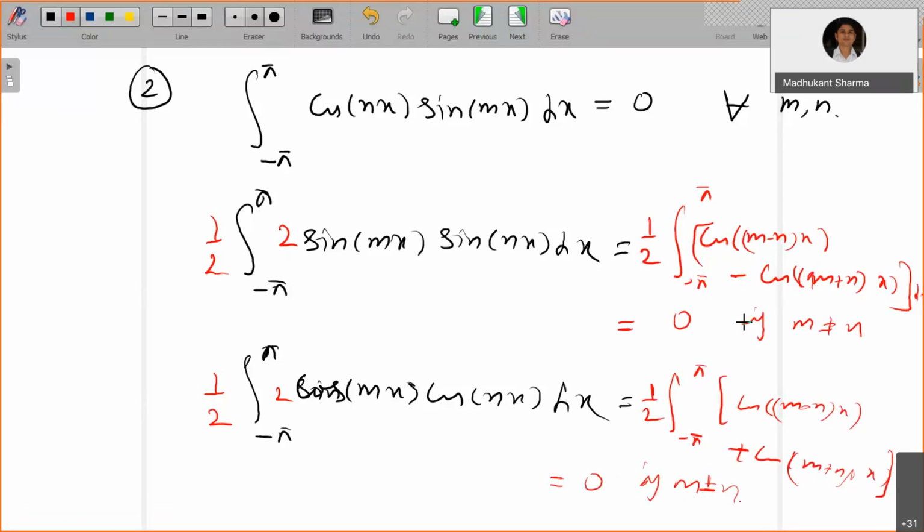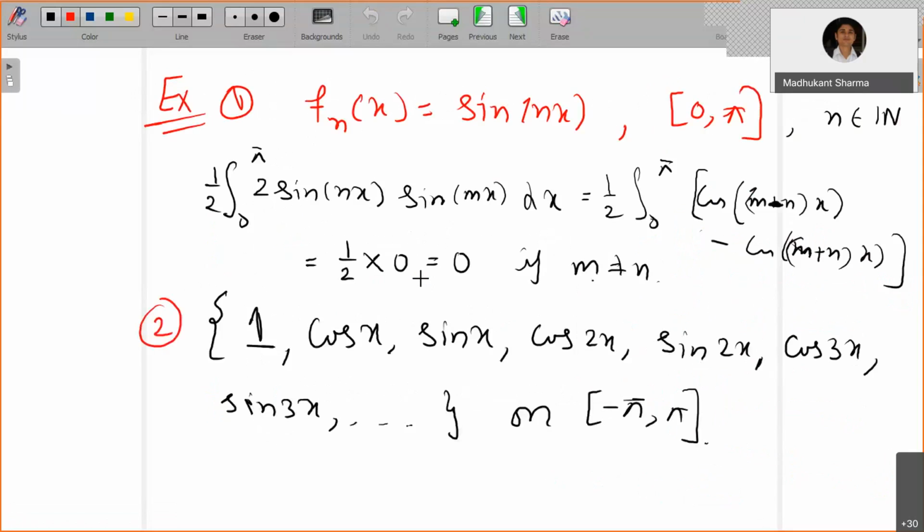For the m equals n case, you can discuss separately. Right? So this sequence will also satisfy the orthogonality condition over the interval minus pi to pi. And you will see this sequence will be very useful for defining the Fourier series of a function.